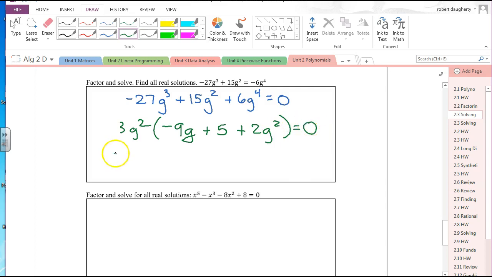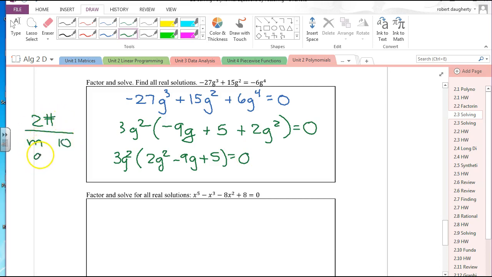And so this is 3g squared, and then I've got 2g squared minus 9g plus 5 equals 0. Looking at that quadratic, are there two numbers that multiply to give you 10 and add to give you negative 9? There are not numbers that do that. So this one cannot be factored. So I'll go to the quadratic formula.